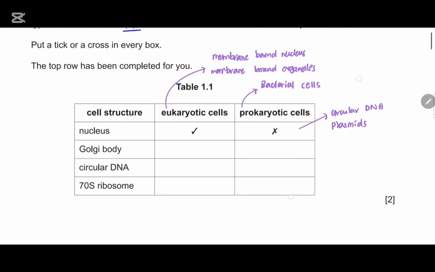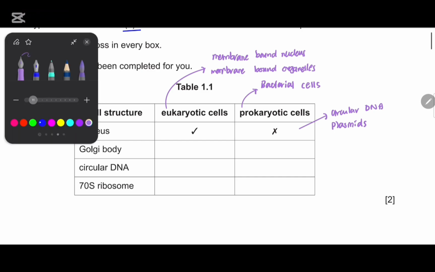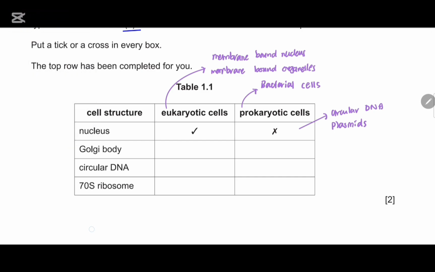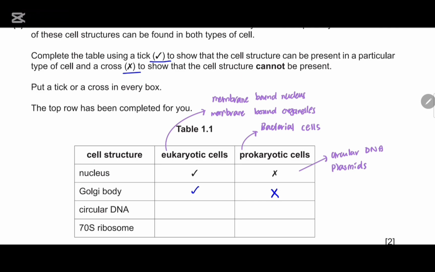Golgi body is an example of a membrane-bound organelle. So eukaryotic cells will have a Golgi body. Prokaryotic cells will not have a Golgi body because this is a membrane-bound organelle. Circular DNA: do eukaryotic cells have circular DNA?